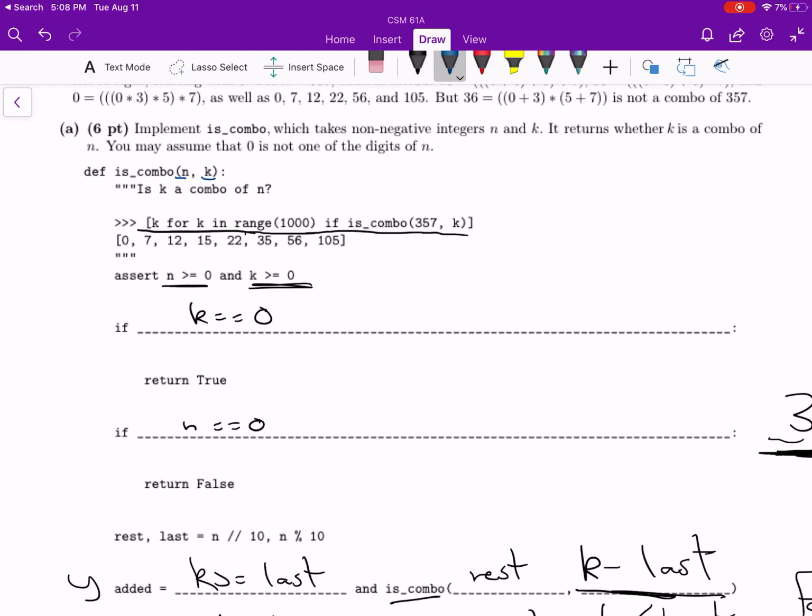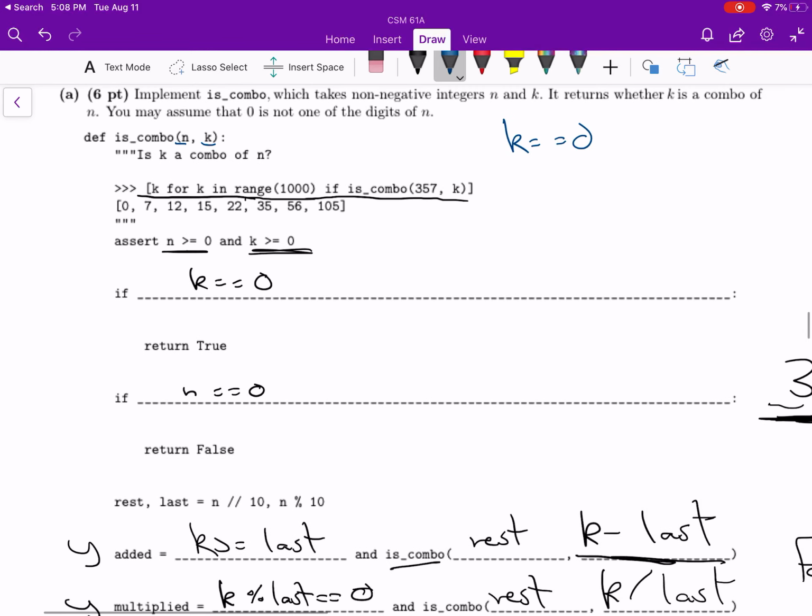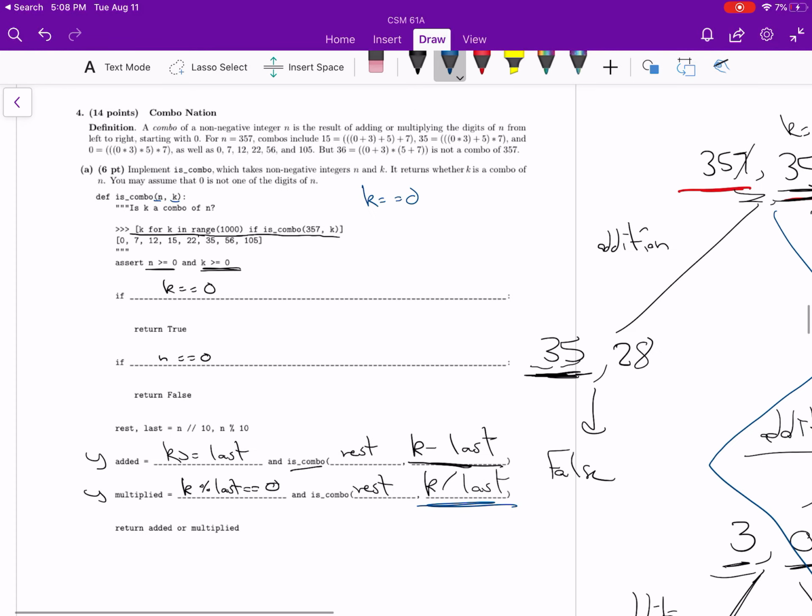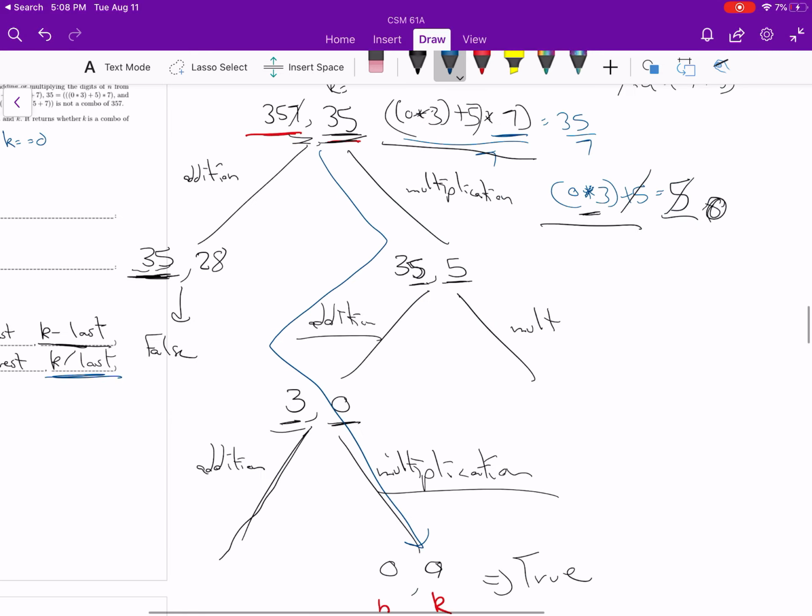So for example, we know that when we have k equals 0, then we've really finished forming the number. We've reduced the number down all the way to 0 by doing some sort of series of operations. So that's how you might think about the base cases. You can just think about simple inputs to the problem. And then if you're stuck and if you have the time, maybe trace down some examples like we did in the tree here.